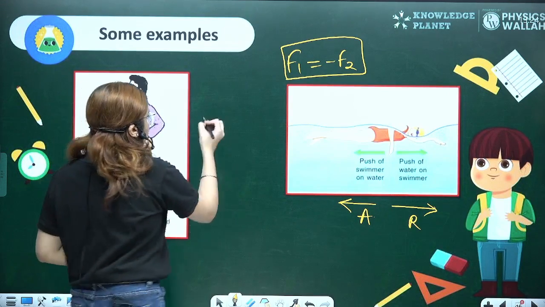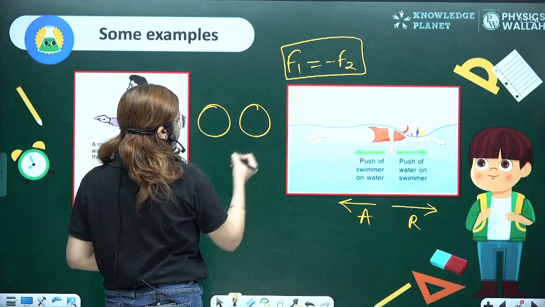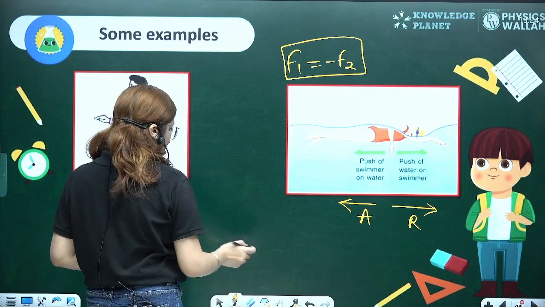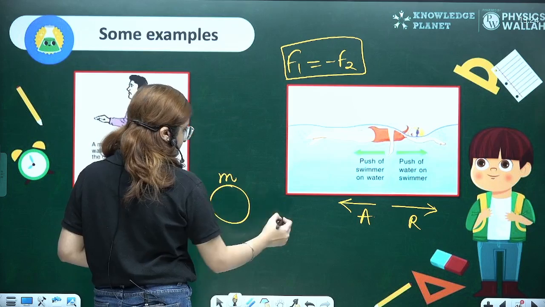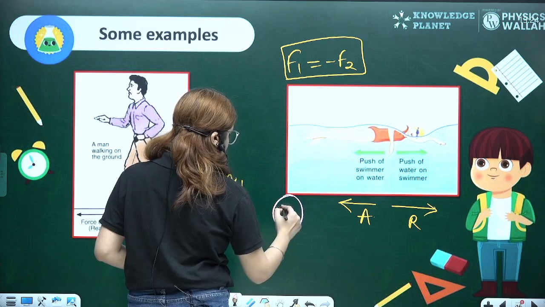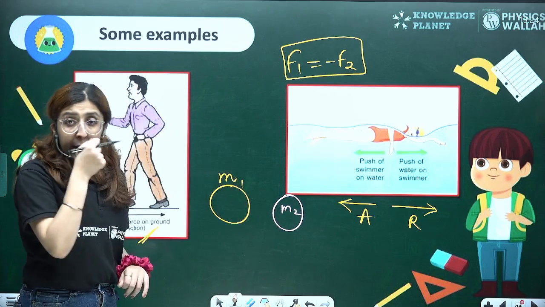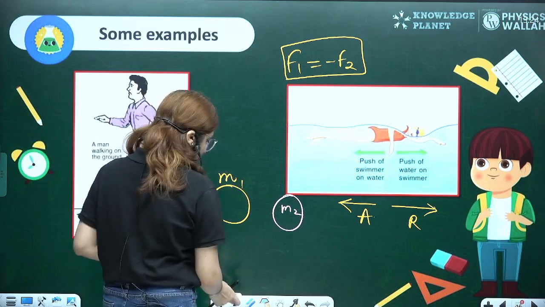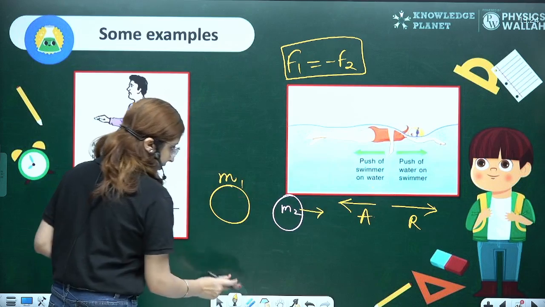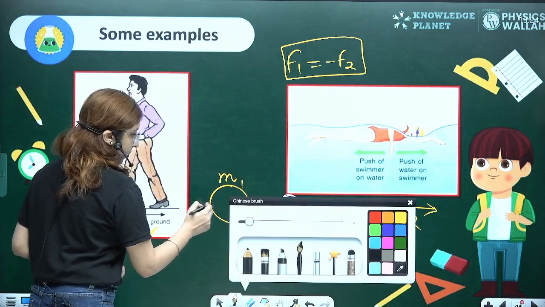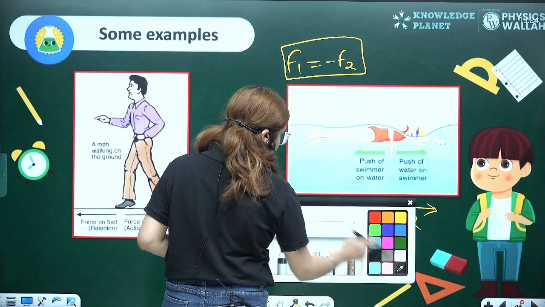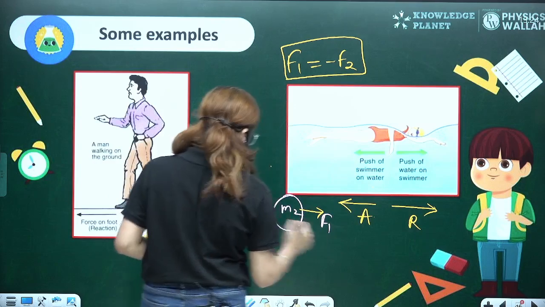Moreover, if I say these are the two bodies, let me use some other color, mass 1 and mass 2, then like this you are going to see action, reaction.